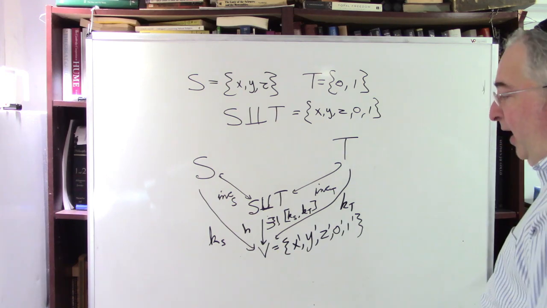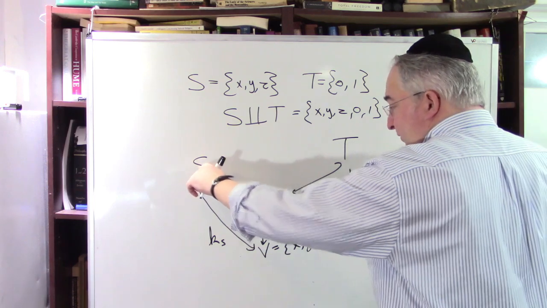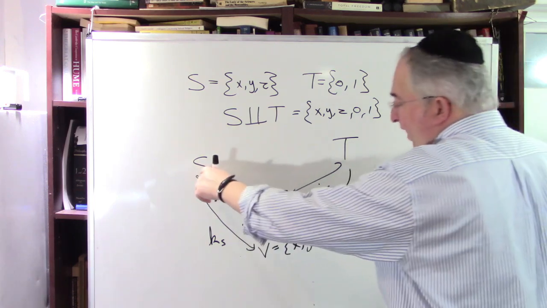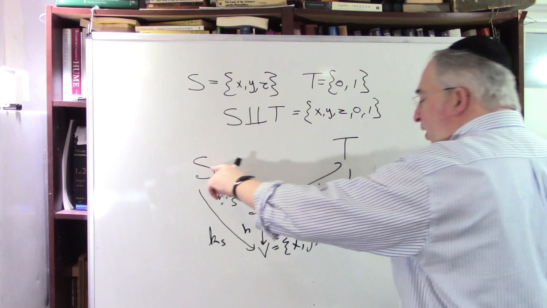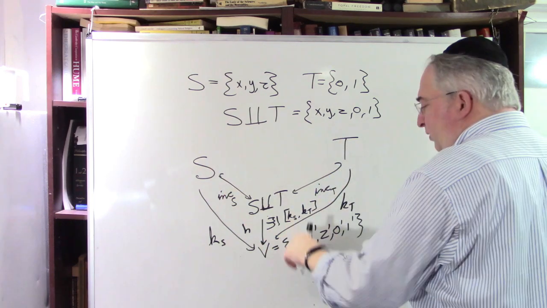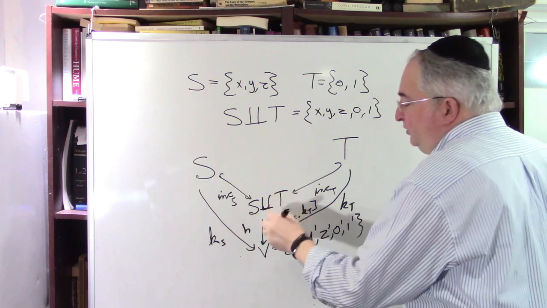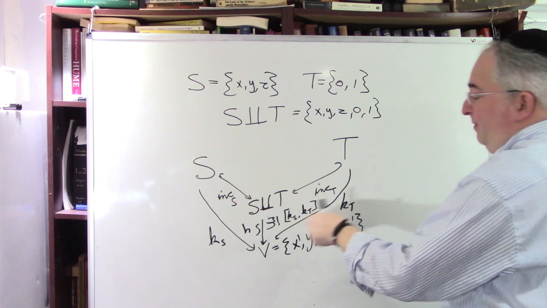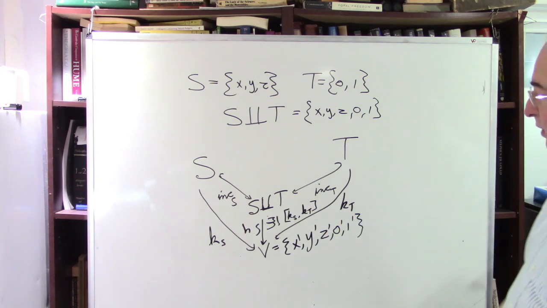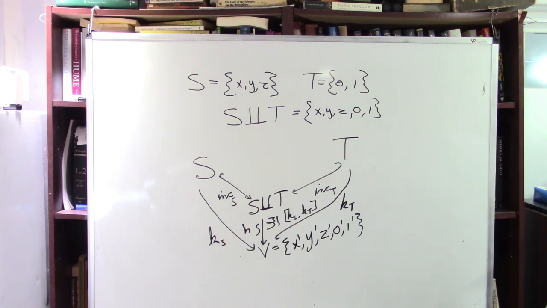They're not. However, there is a map from here to here, thinking of X going to X prime, Y going to Y prime, 0 going to 0 prime, 1 going to 1 prime, etc. And there will be a map like this. And it'll turn out that in this case, that map is an isomorphism. This set V is isomorphic to this. Not equal, but they're isomorphic.